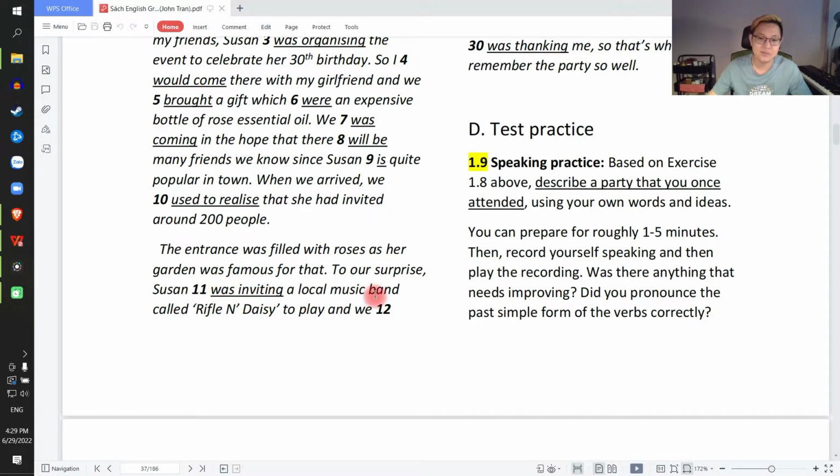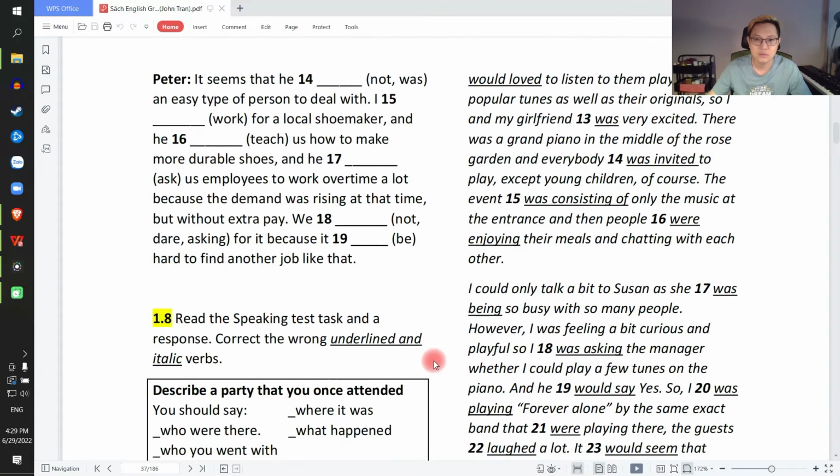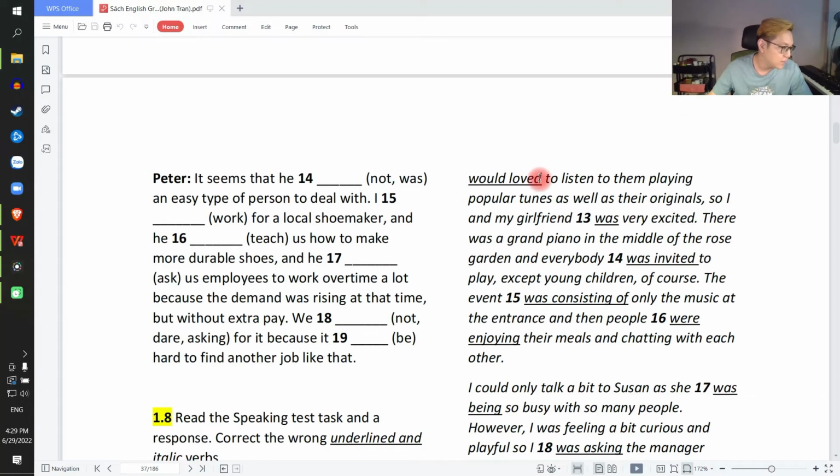Susan invited a local music band called Rifle and Daisy to play, and we would love. Well, we say would love, but love without D, okay? Cái chữ love này nếu mà xài would thì nó sẽ không có D ở đây. Would love to listen to them playing popular tunes.